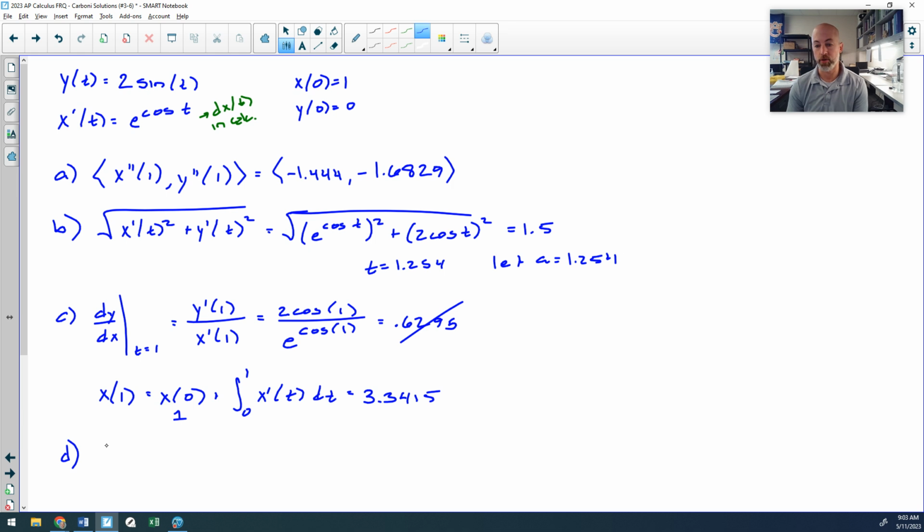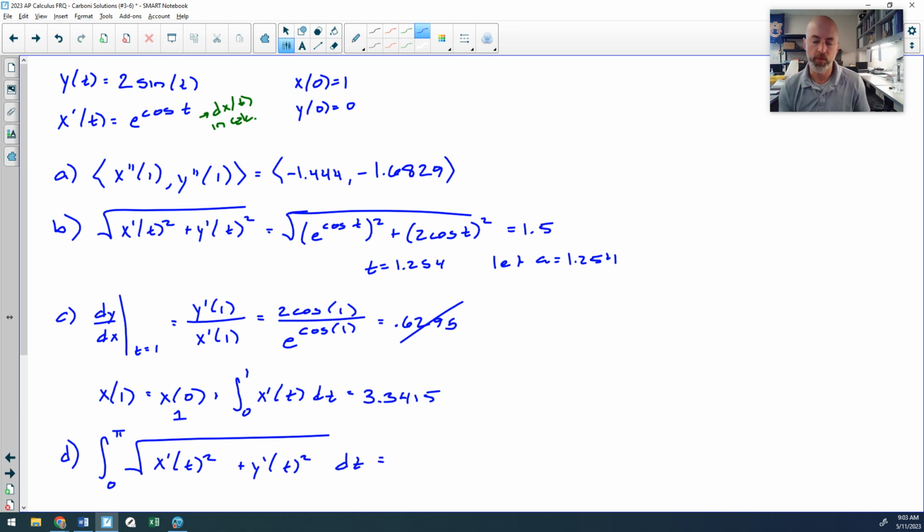Total distance is just your arc length. So we're going to go 0 to pi of the square root of x prime of t squared plus y prime of t squared dt. And we will throw that in the calculator. And you always show your setup. They were nice enough to say, show the setup. They don't have to say that.